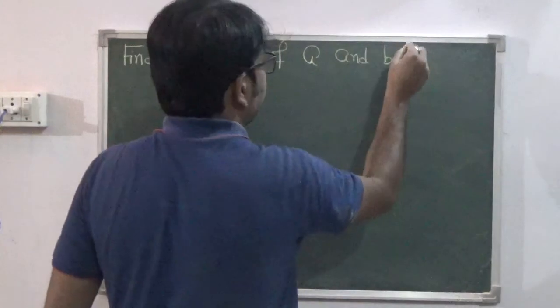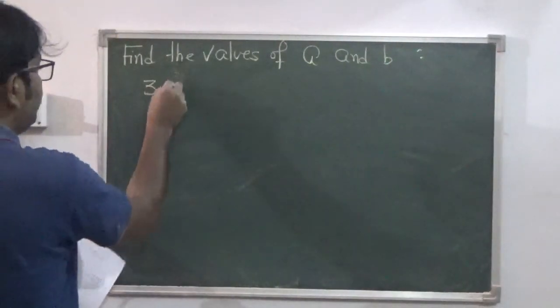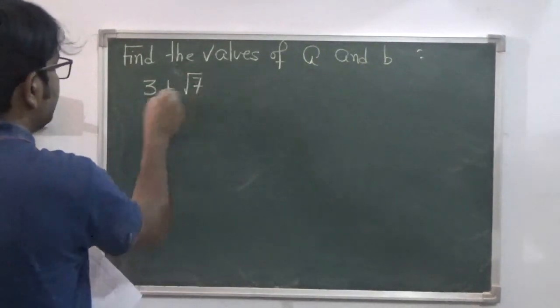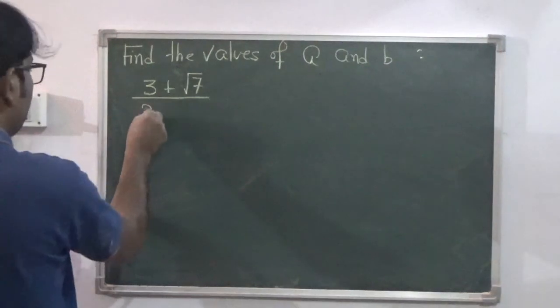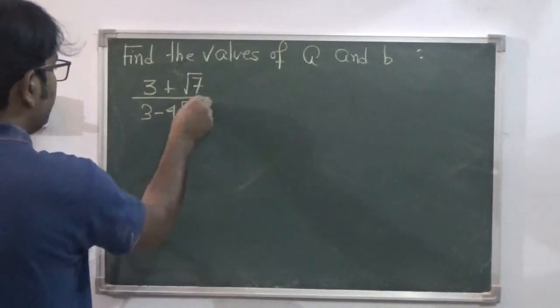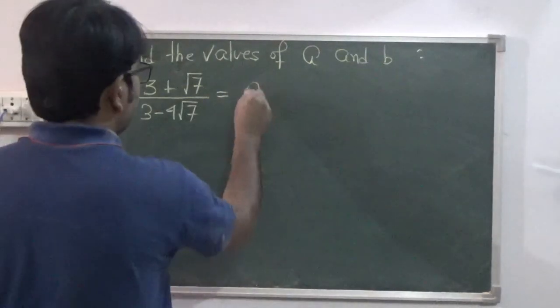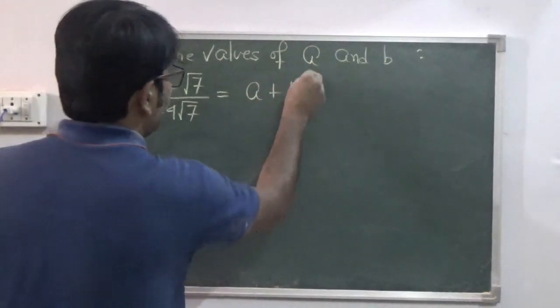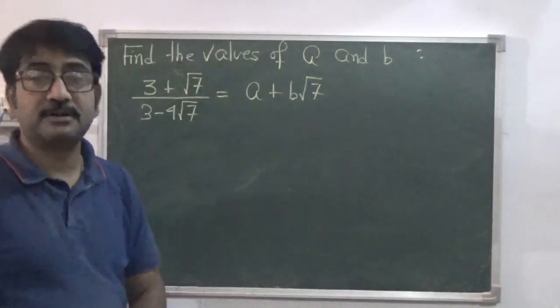Find the values of A and B. Question is 3 plus root 7 divided by 3 minus 4 root 7 equals A plus B root 7. Here A and B are the unknowns which you need to find out.